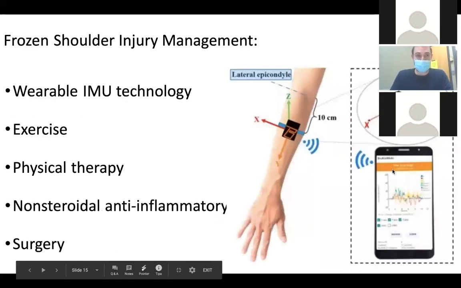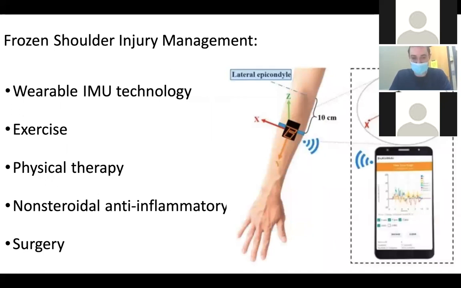So moving on to frozen shoulder injury management, inertial measurement units, or IMUs, are a type of wearable sensor system intended for kinematic data extraction and analysis.